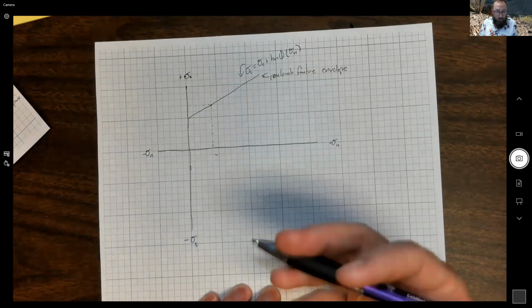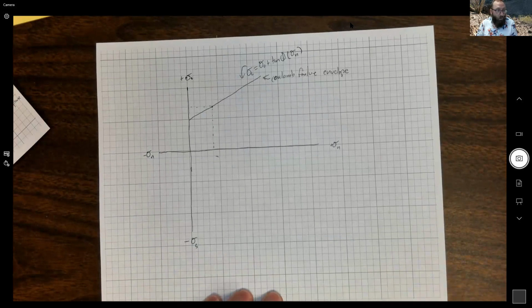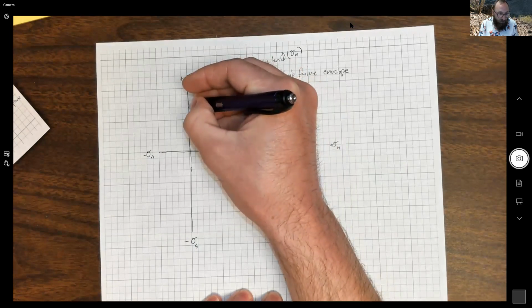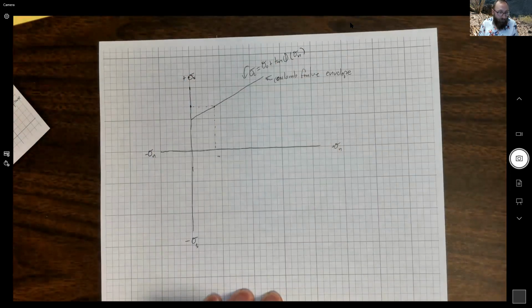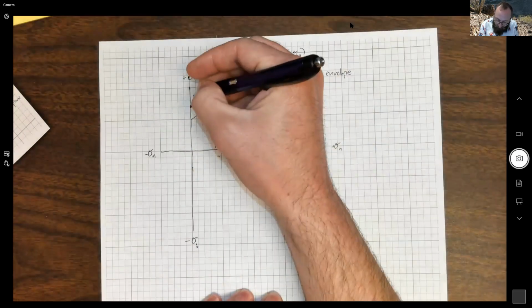And in terms of the Coulomb failure law, the y coordinate is what we refer to as our critical shear stress at the time of fault failure. So this point here is sigma c.